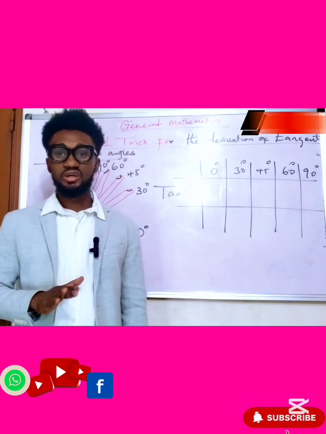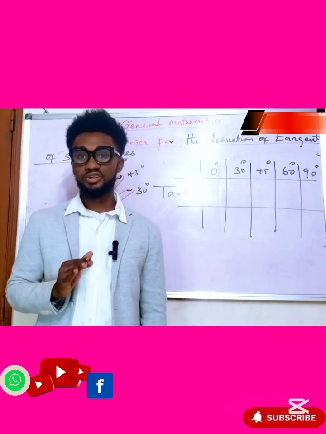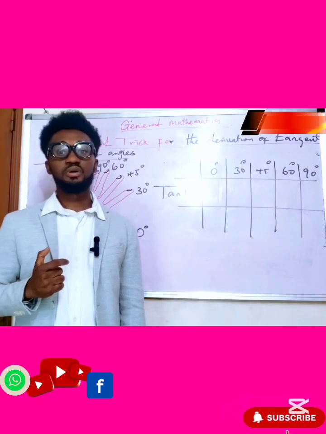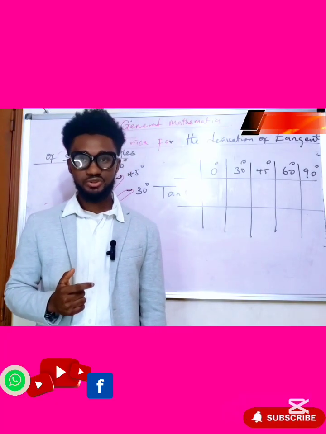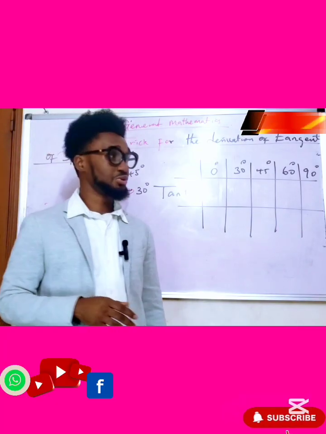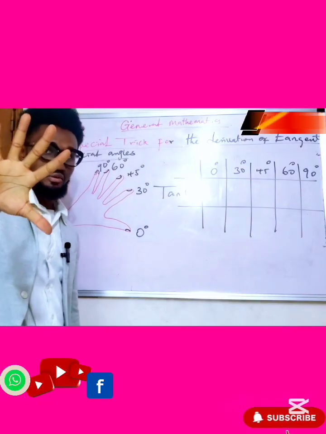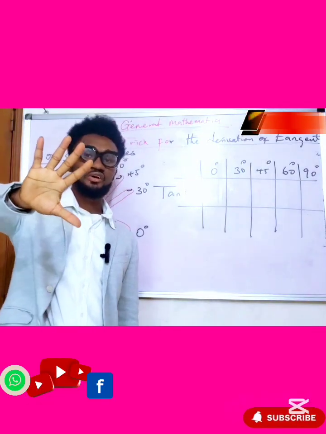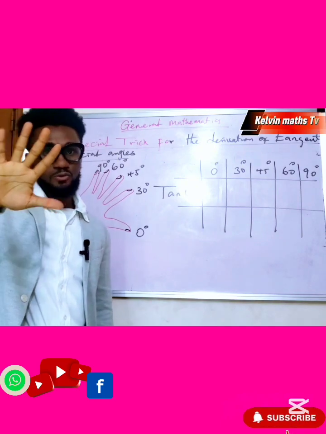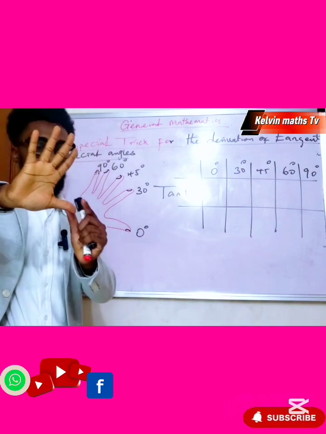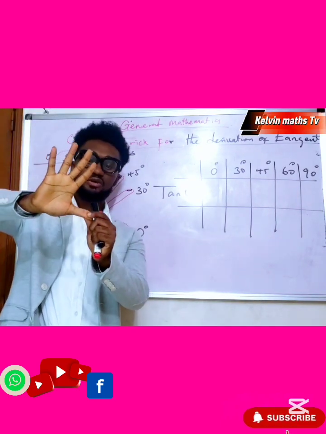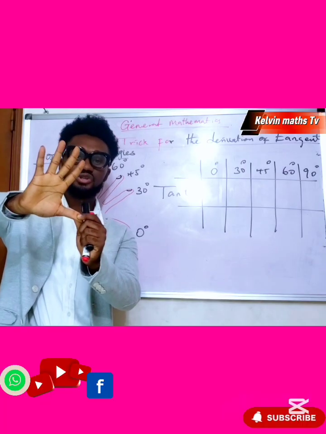So get ready and follow along with this video from beginning to end so that you will be able to learn this trick. Remember, we are specifically using our fingers. You can believe that your fingers can do wonders. This particular finger represents 0 degrees.